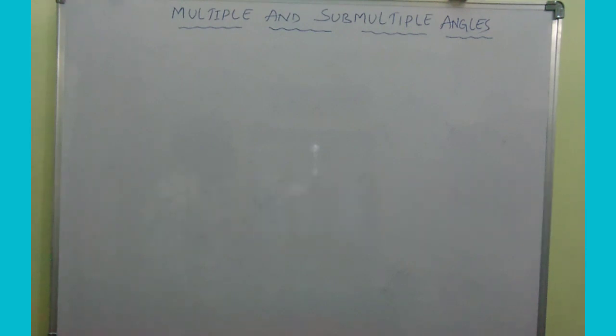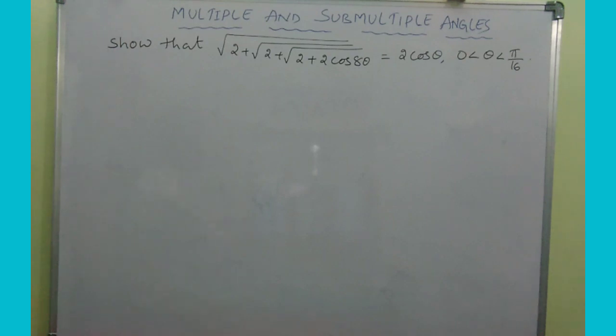A few more problems of multiples and submultiple angles, right? So coming to problem number 1. Read the question once.